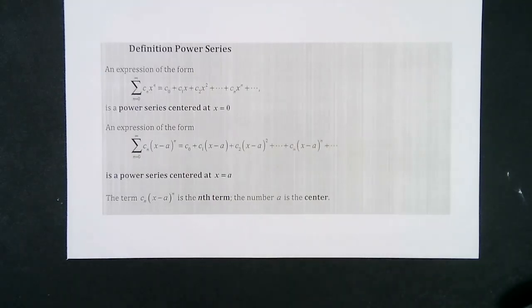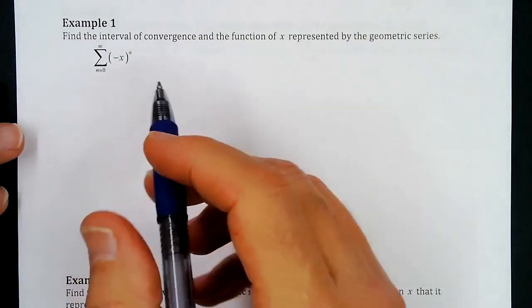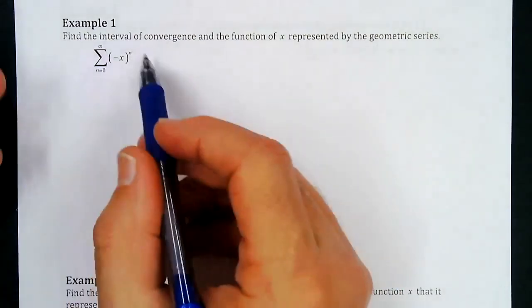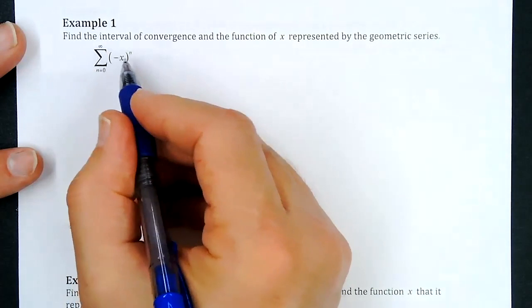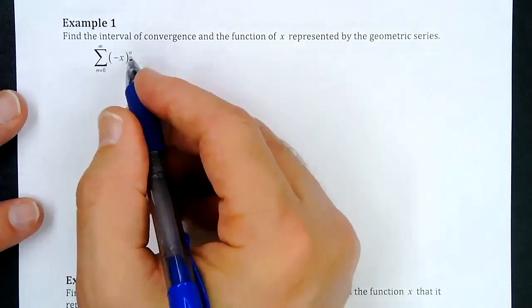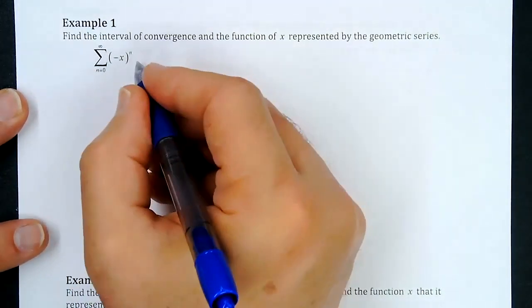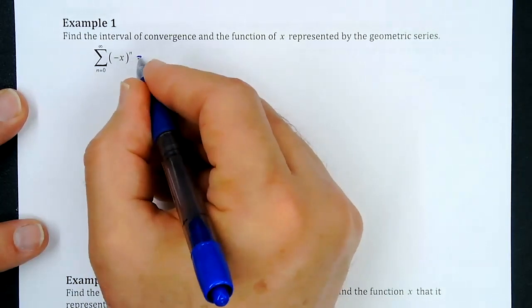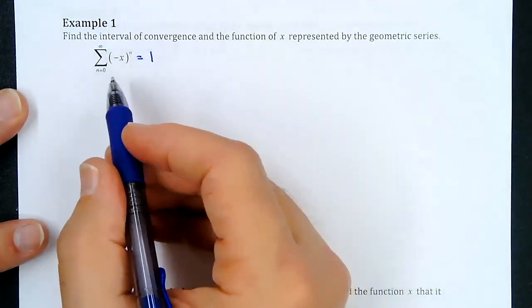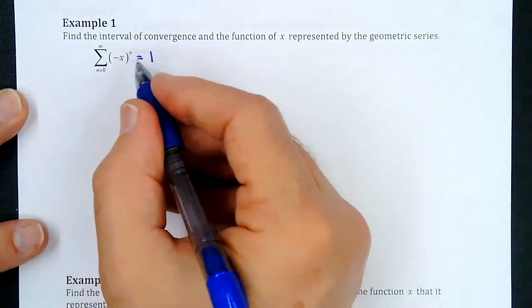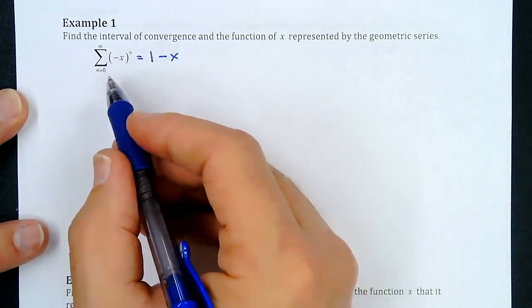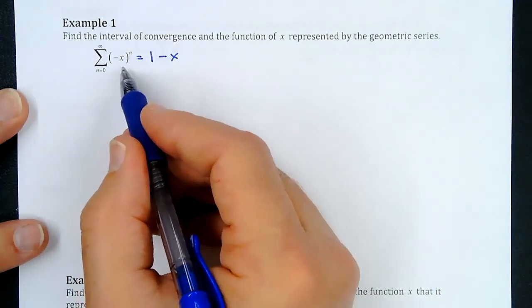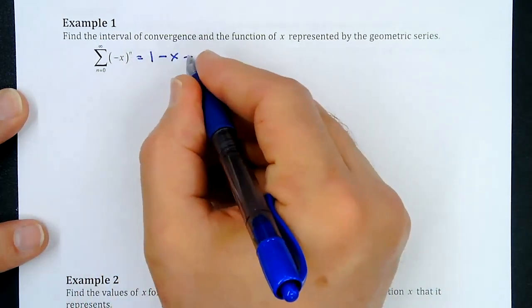So let's do a little bit more with this. For this next sigma notation in form of a series, it's the sum from n equals 0 to infinity of (negative x) to the n. If we raise this to the 0th power, that would give us 1. If we put 1 in here, that would give me negative x, so minus x. If we put 2 in here, we would get plus x squared.